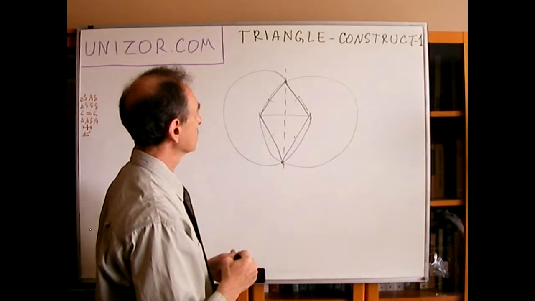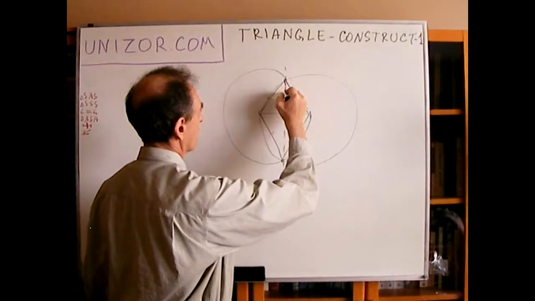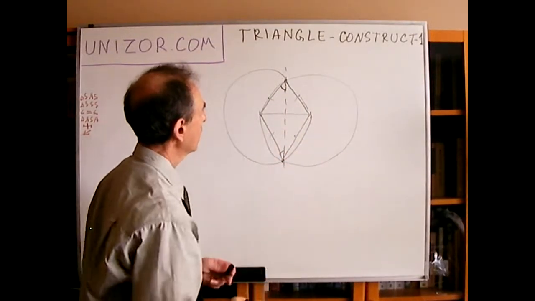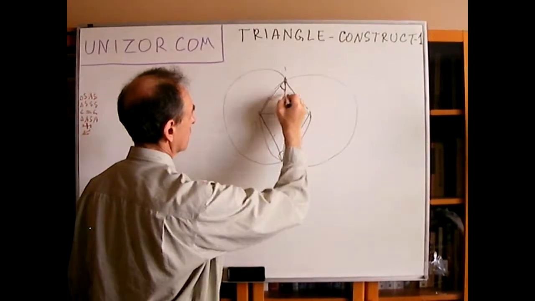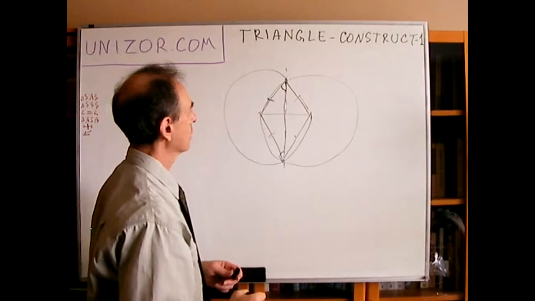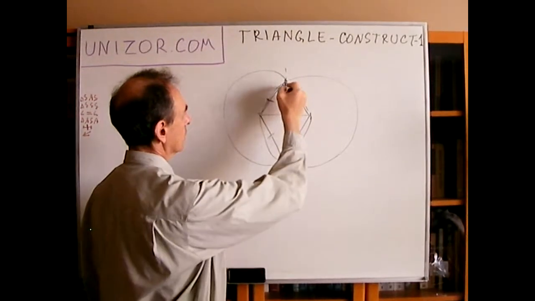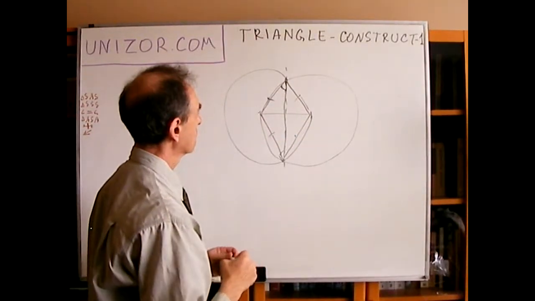What's very easy to see is that this angle equals this angle. Why? Because this triangle is equilateral with these 2 sides equal to each other. And in the equilateral triangle, angles at the base are the same.